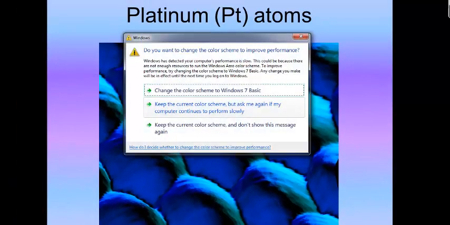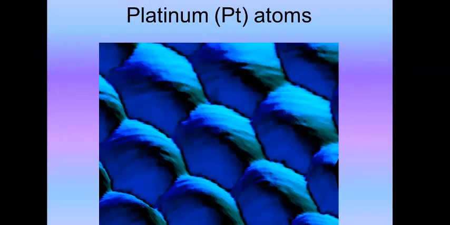So they have this little tip that electrically traces the small little area above an atom. And you can see that nickel and platinum atoms are individual. They are arranged very methodically, and they make up the materials that we see that we call platinum and nickel.